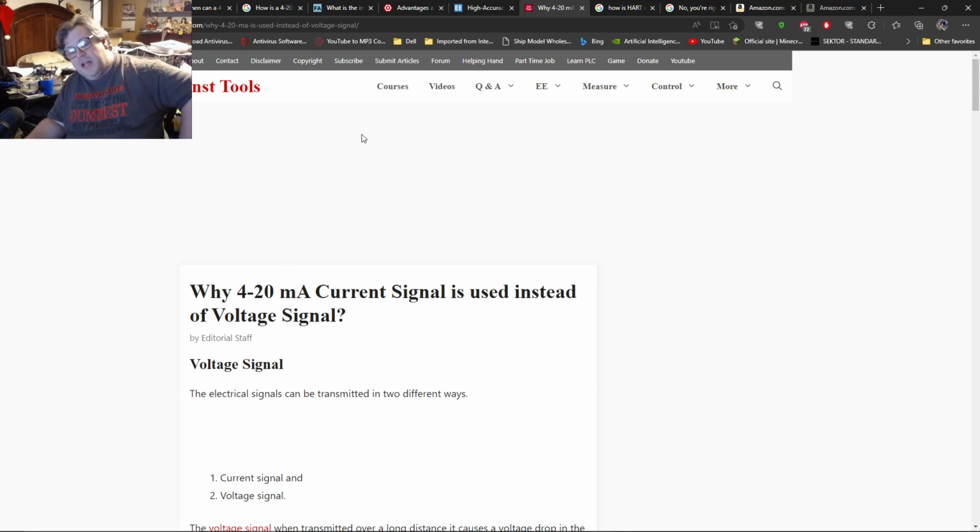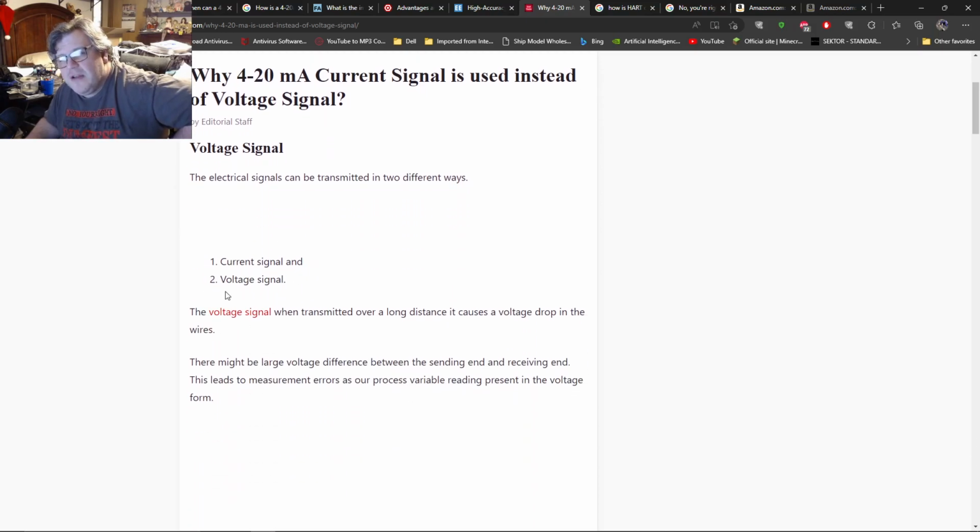Compared to other analog signals used today, why is a 4 to 20 mA current signal used instead of a voltage signal? Electrical signals can be transmitted in two different ways: current signal and voltage signal.